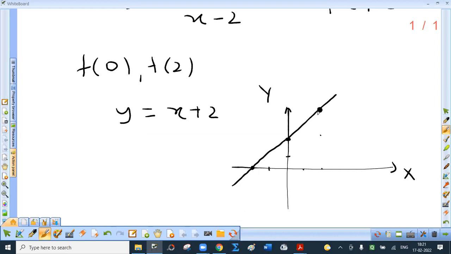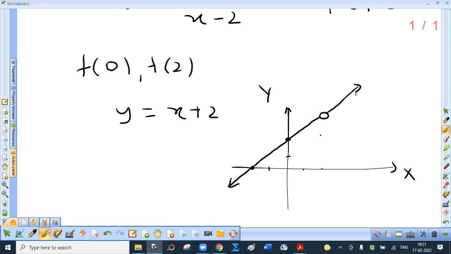But note that for x equal to 2, f of x is not defined. And therefore, we should not show this particular point. Means there is a break or gap at this point. Yes. Now this is correct.